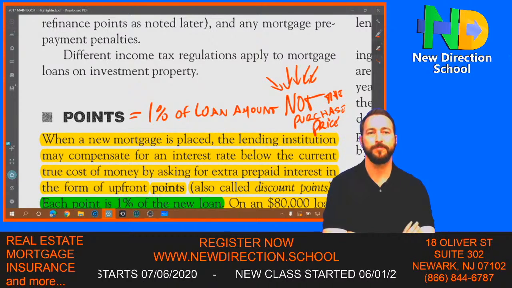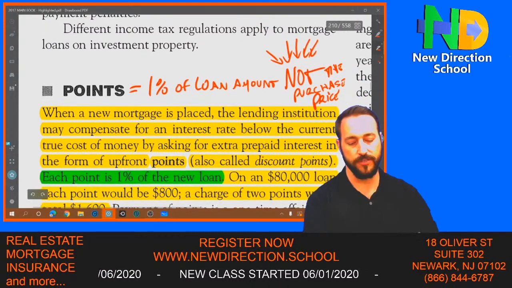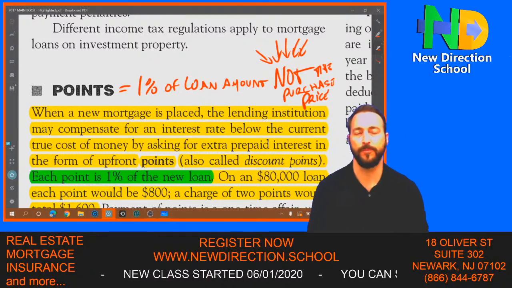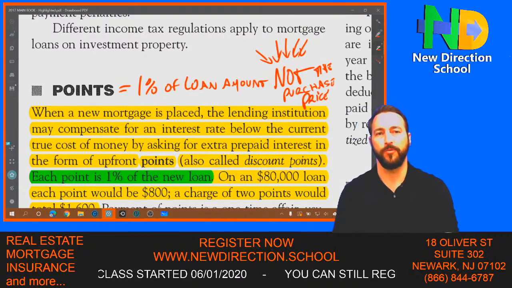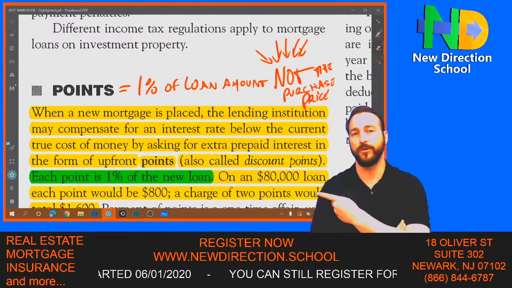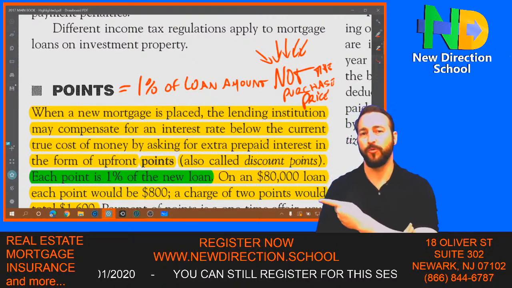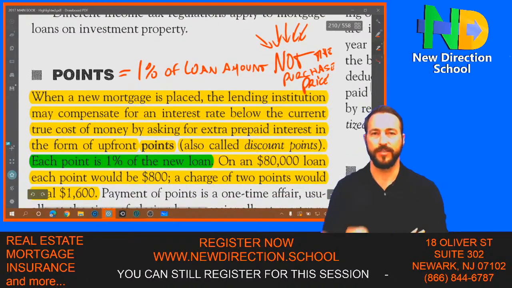So when a new mortgage is placed, the lending institution may compensate for an interest rate below the current true cost of money by asking for extra prepaid interest in the form of upfront points. I'll explain that in a second. These are also called discount points. Each point is 1% of the new loan. If it's an $80,000 loan, each point would be $800. If it's 2 points, then the total will be $1,600.